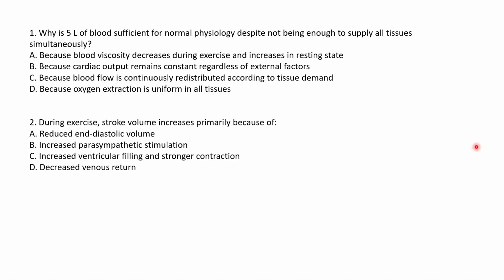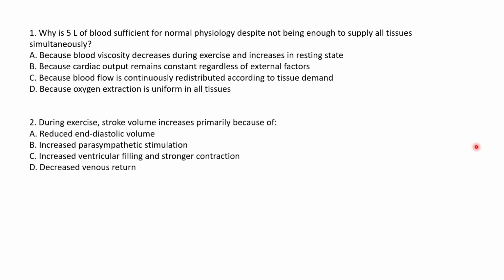Yeah, fantastic. So I think everyone has got it. It is option C, which is increased ventricular filling and stronger contraction. So this makes sense, right? During exercise, your heart beats faster, and it beats such that blood is redistributed faster based on the requirement of your muscles in your body.